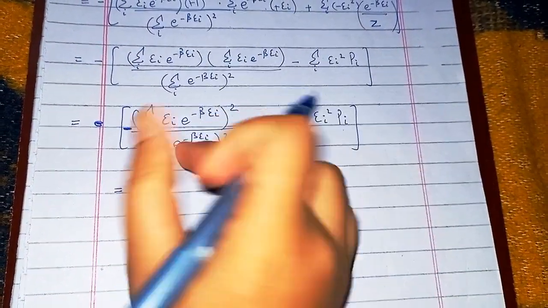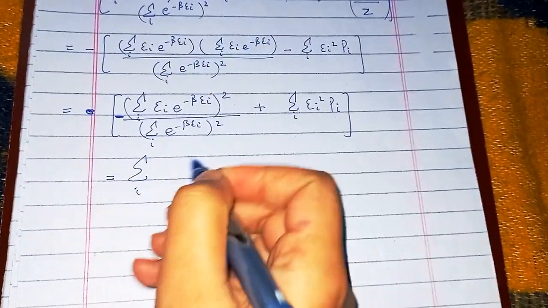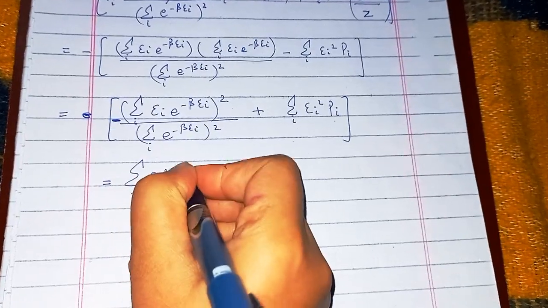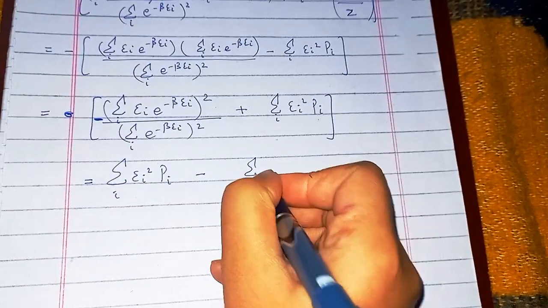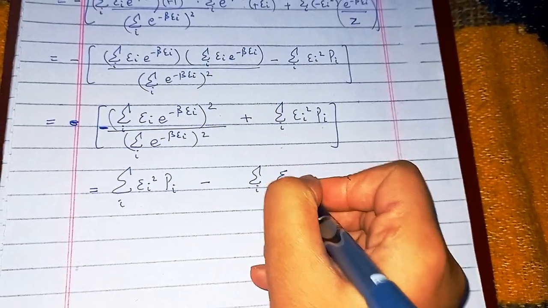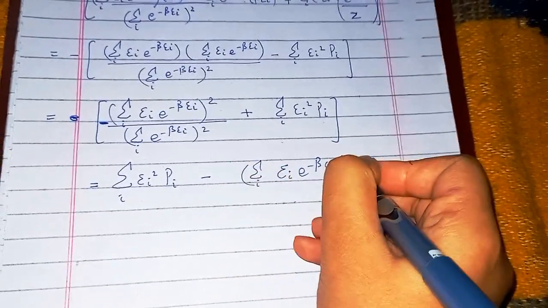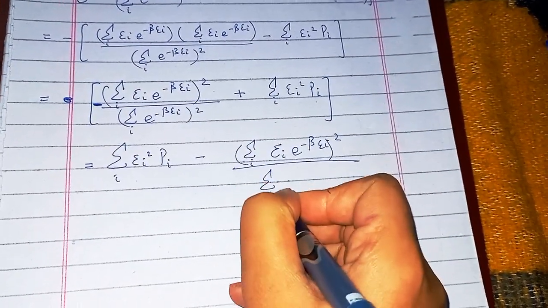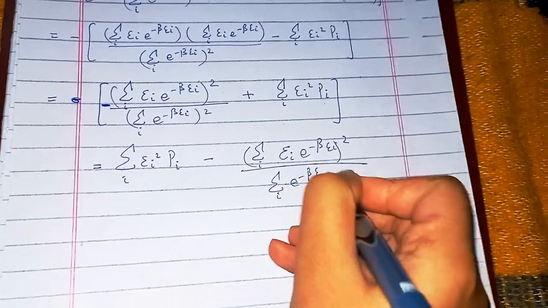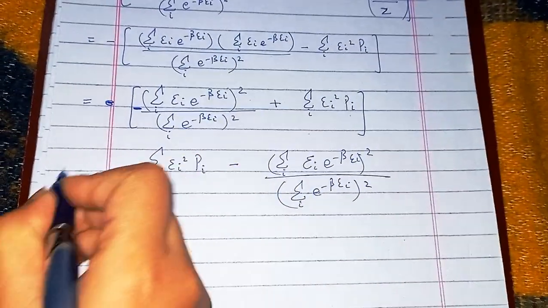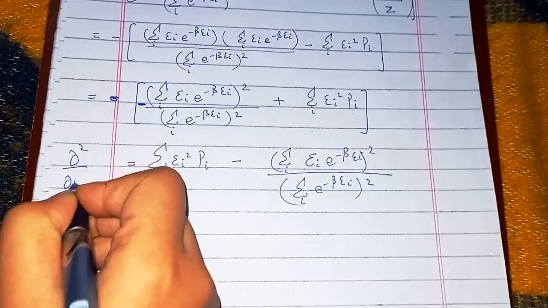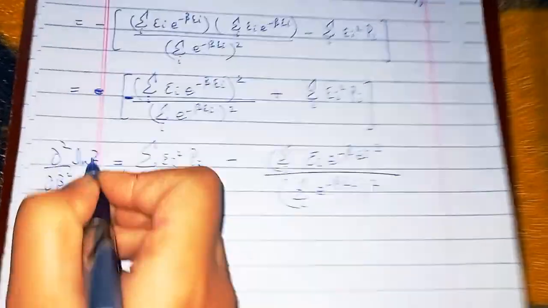We can write it first, and then minus ei e to the power minus beta ei whole square divided by e to the power minus beta ei whole square, and that is partial square by partial beta square of natural log of z.